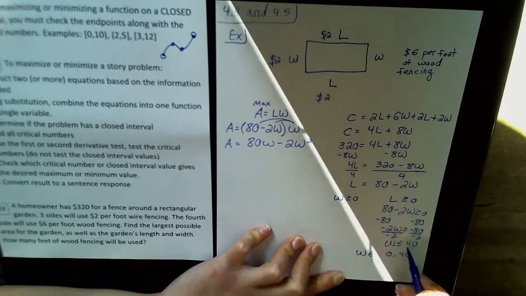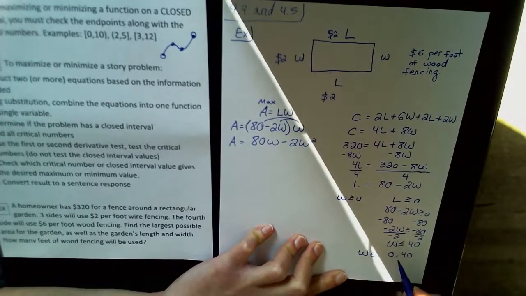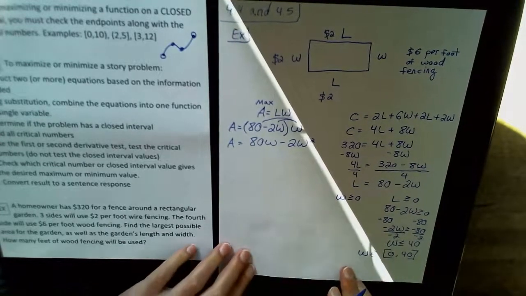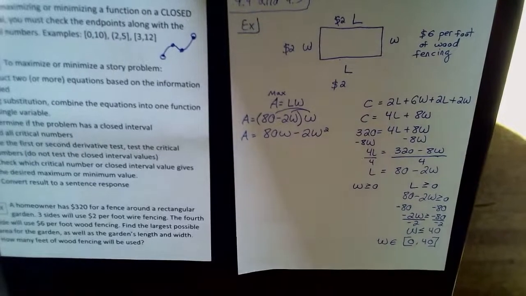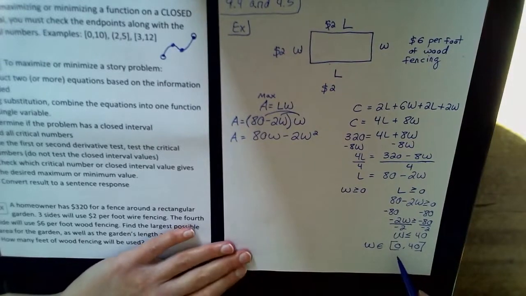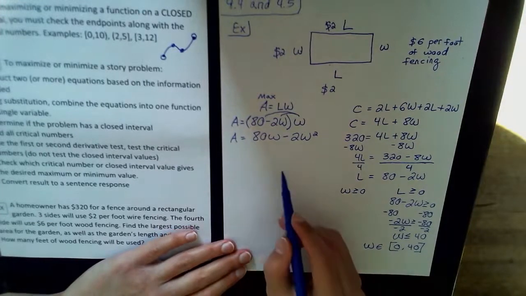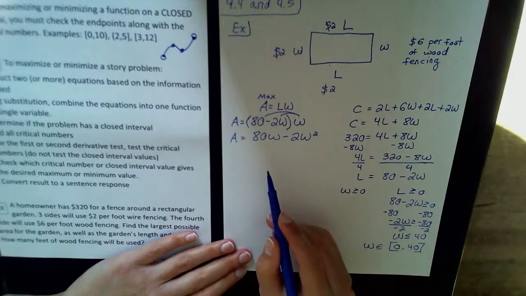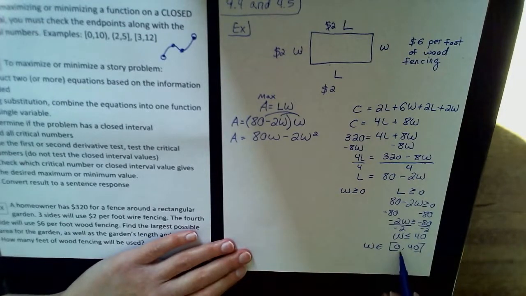And because there's an equal sign on both of these, we put brackets with each term. So from here, we now know that when we solve this problem, we have two endpoints on our closed interval to check. The critical numbers may not be where the absolute maximum occurs. It could be at 0 or 40.